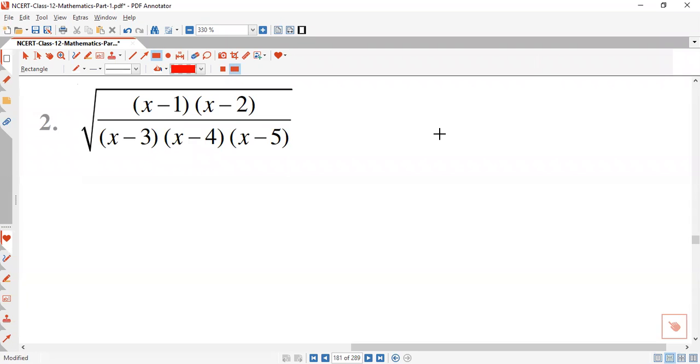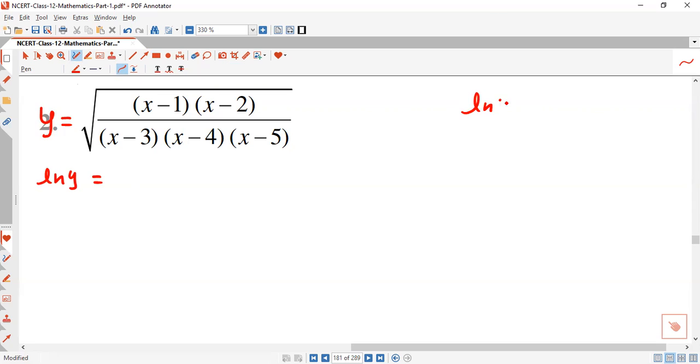Now in question number 2, we want to differentiate this function. I say this function is equal to y. Now taking log on both sides.